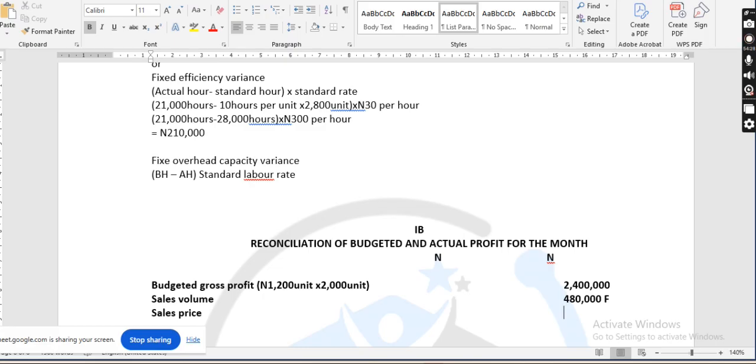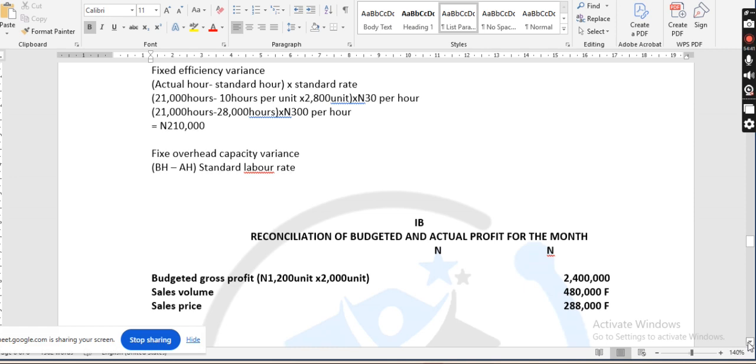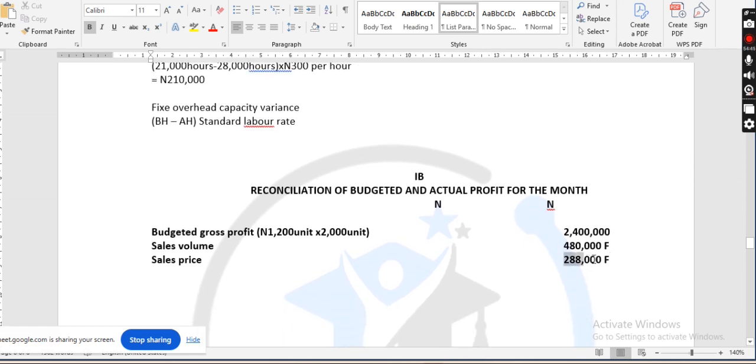So what is the total, sales volume and price, everything, both with the budgeted gross profits? What is the total? 3,168,000 favorable.